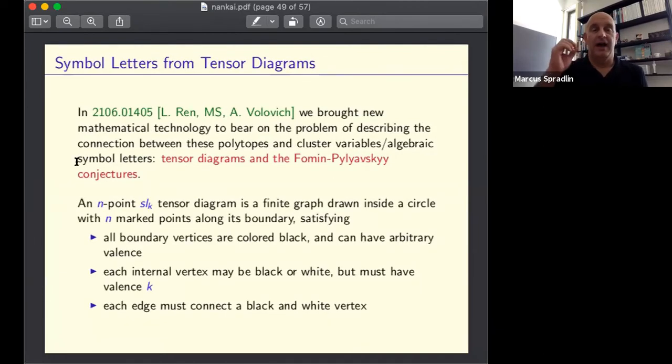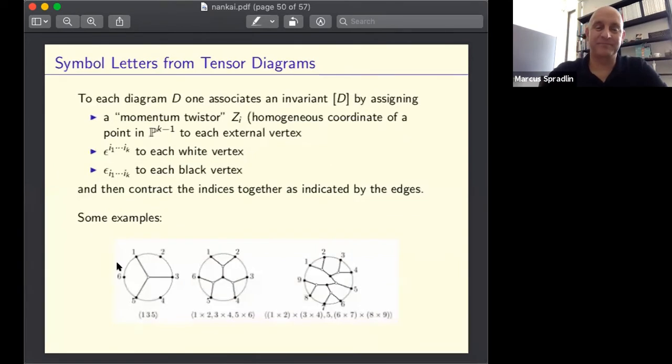So a tensor diagram, and it's really remarkable because tensor diagrams to an untrained eye look remarkably similar to Feynman graphs, although there are some differences. I have some examples on the next slide. Here are 3 of them.